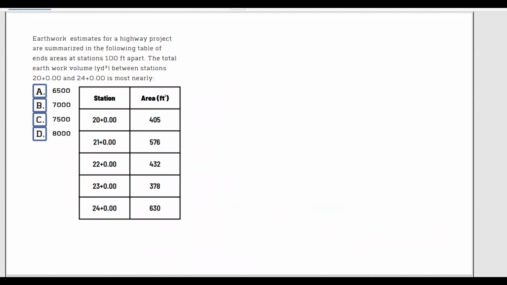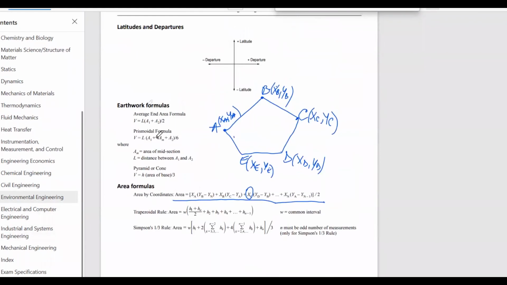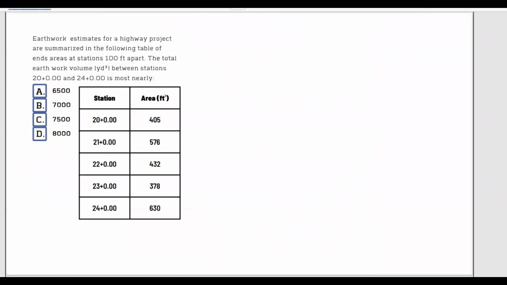Let me go back to the FE handbook and to this page here. I'm going to use the average end area formula, which means that the volume is equal to A1 plus A2 over 2 multiplied by L.